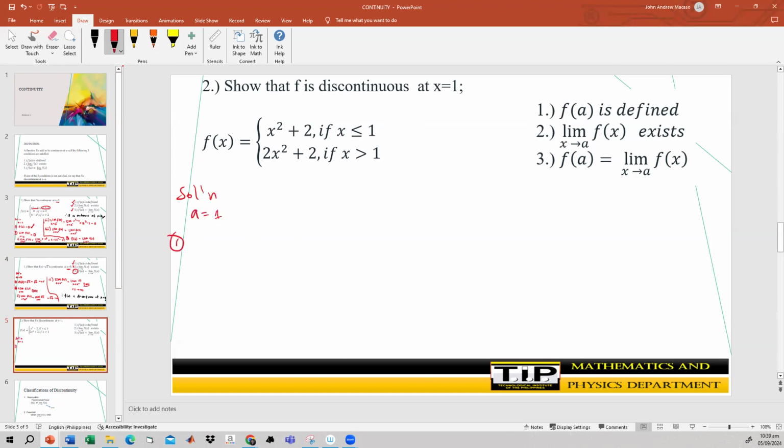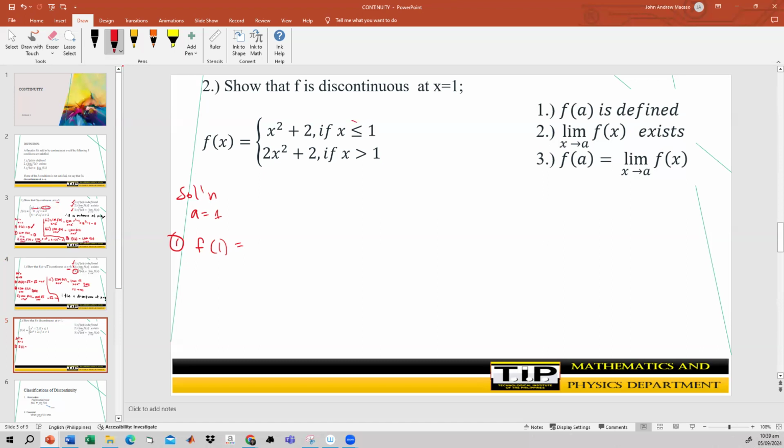We'll check the first condition, if the function value exists. In this case, we'll define f of 1. What will happen if you are asked to get f of 1? Of course, you need to look at the piecewise function that we have. In this case, class, which function will 1 fall on, given this inequality?